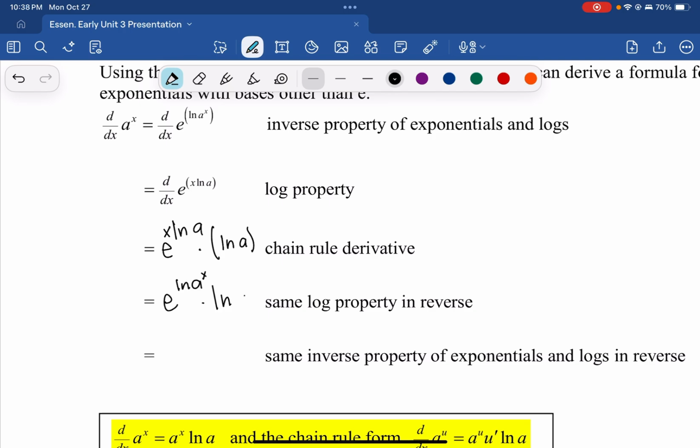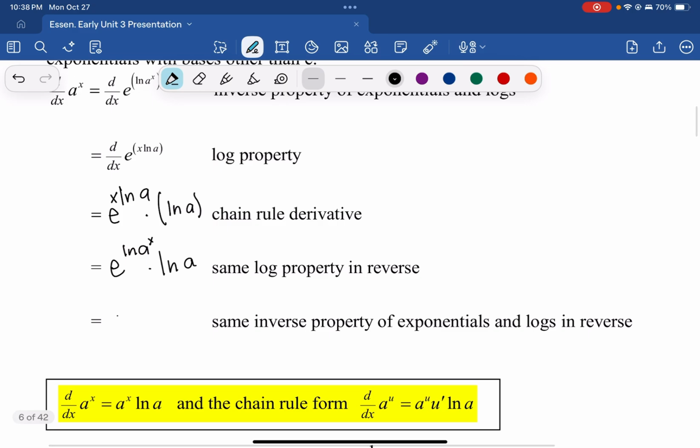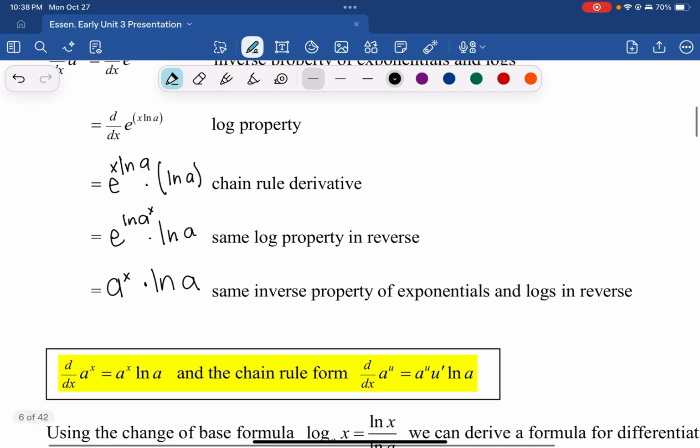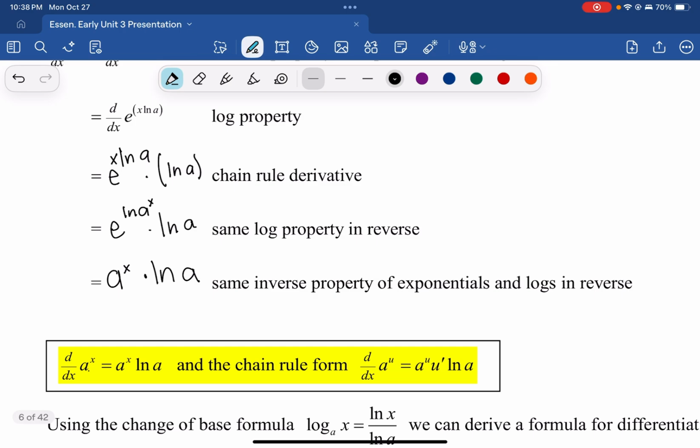Using that inverse property, I can rewrite this as a to the x times the natural log of a. So if we take the derivative of something to the x power, it doesn't matter what base it is, it's going to equal a to the x times the natural log of a.